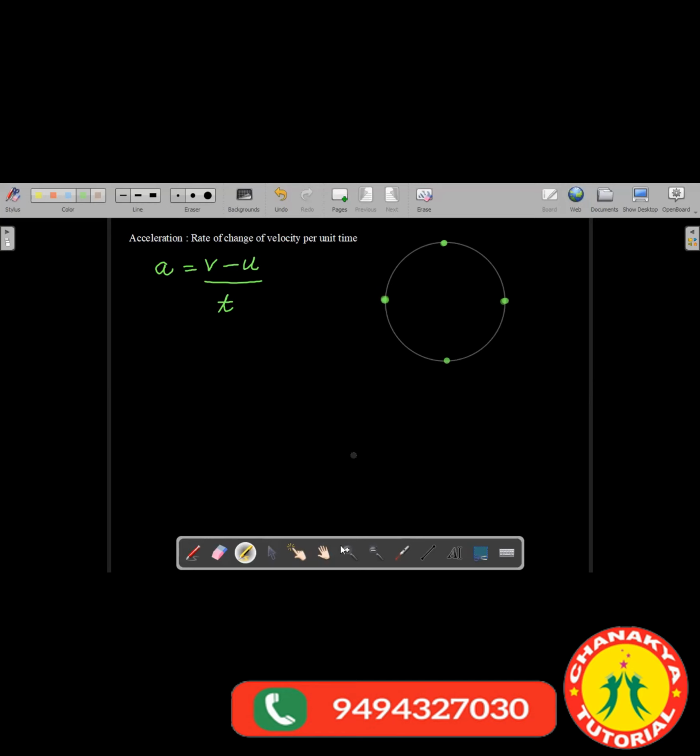So here, if we observe these 2 points only, here the velocity is tangential. Here also the velocity is tangential. Let this object be moving in the anti-clockwise direction in the circular path. So this is the initial velocity u, and this is your final velocity.